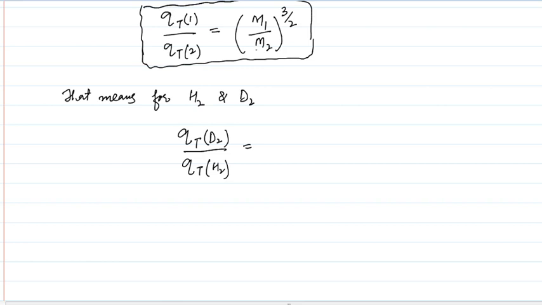They will simply be in the ratio of their molecular masses, so we can write molecular mass of deuterium upon molecular mass of hydrogen, raised to power 3 by 2. It is given, it is 2, it is 1, so it will be 2 raised to power 3 by 2, which we have already discussed while taking this example.